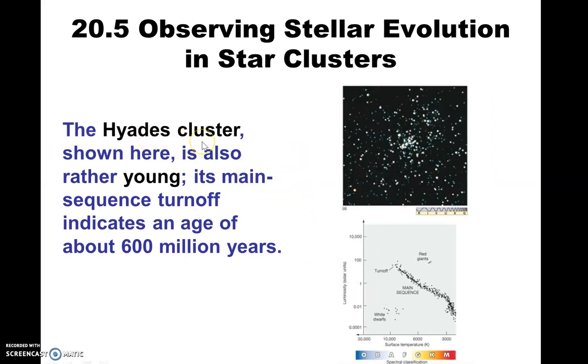The Hyades cluster, which is another relatively young cluster, is only about 600 million years old. That's kind of near. It's in roughly the same direction as the Seven Sisters, right? So anyhow, it's in the same constellation as the Pleiades.